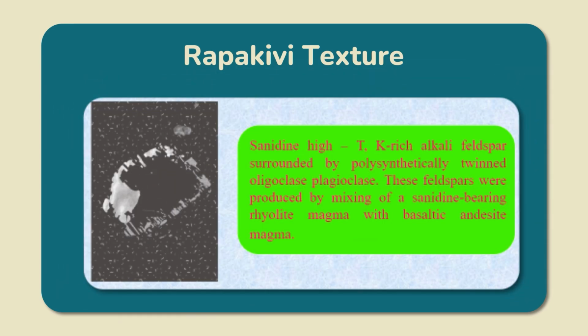This is a sanidine, high temperature alkali feldspar, black colored, surrounded by polysynthetically twinned oligoclase. This is polysynthetically twinned oligoclase, plagioclase. These feldspars were produced by mixing of a sanidine bearing rhyolite magma with basaltic andesitic magma.